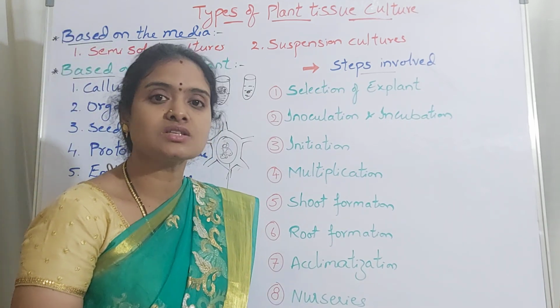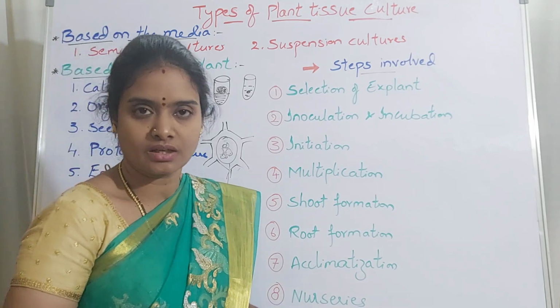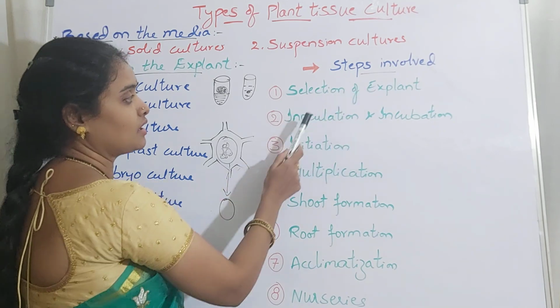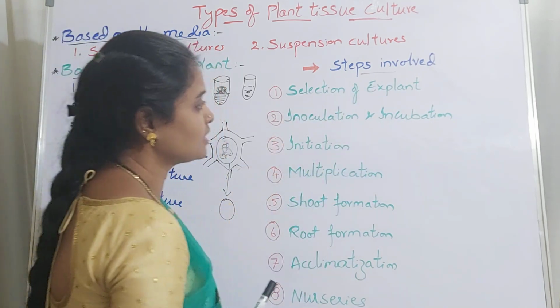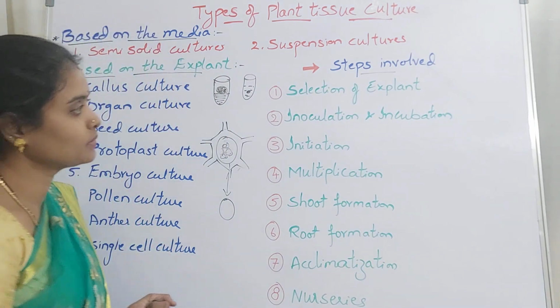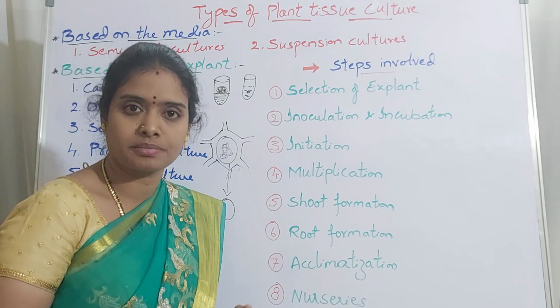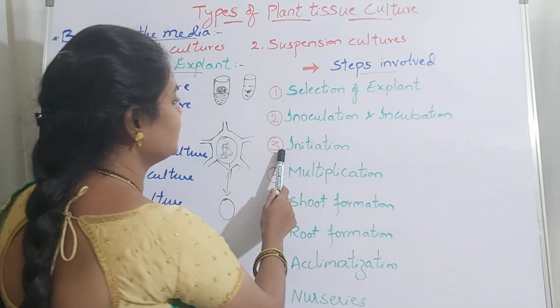In case of heat labile compounds, you make use of filter sterilization. Right? After sterilization, the explants are inoculated into the media and incubated under sterile conditions, where you maintain the suitable pH, temperature, light intensity and so on. Right? Then it is the initiation.